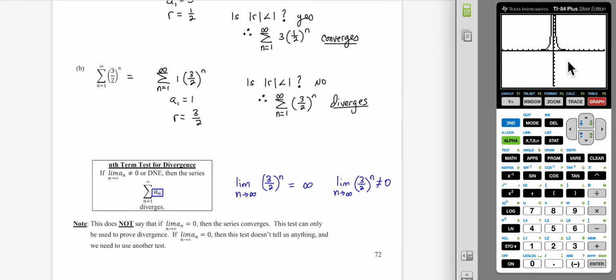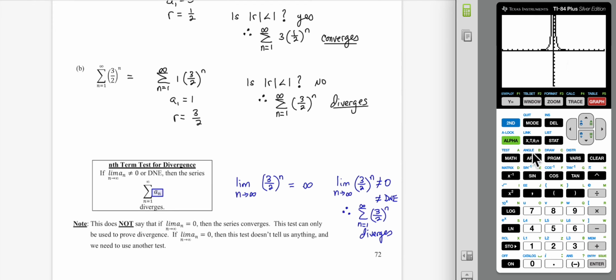So the limit does not equal 0, the limit does not equal DNE, so therefore the sum from n equals 1 to infinity of 3 over 2 to the nth diverges. So that's an example of the nth term test, all right, for divergence.